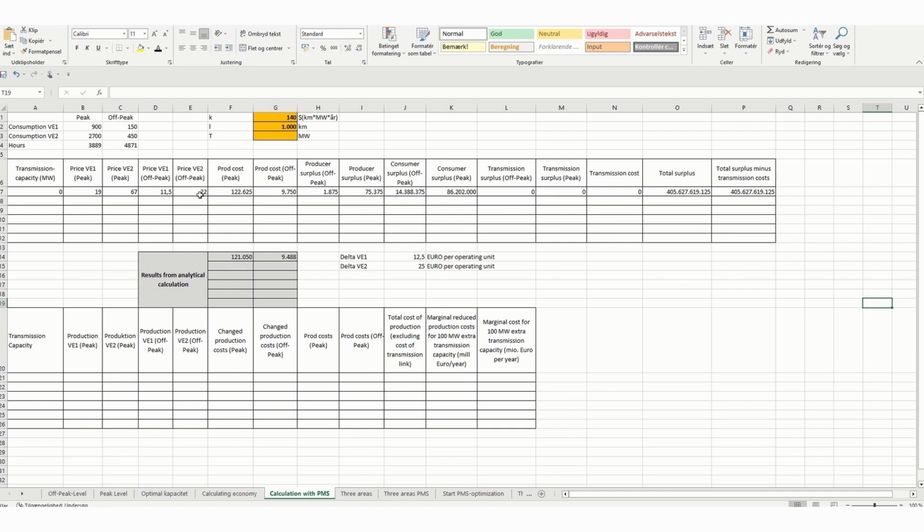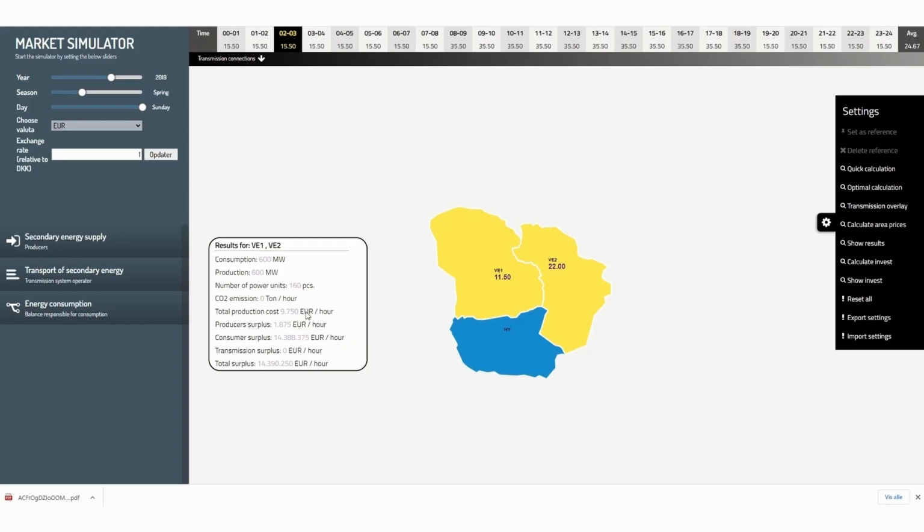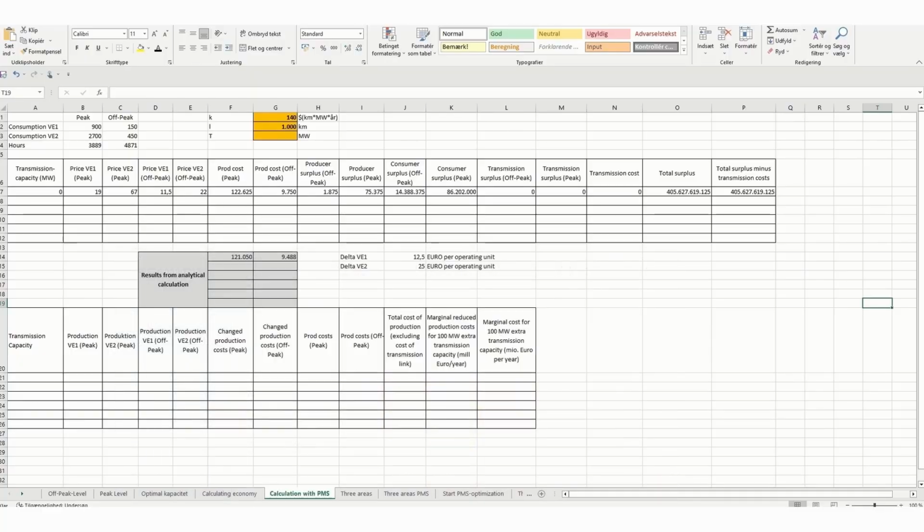This is the prices in the two areas. This is the production cost off peak, and this is the consumer surplus off peak here, and the producer surplus off peak. These values here they are exactly the same as in the power market simulator, because I've taken the values from the power market simulator.